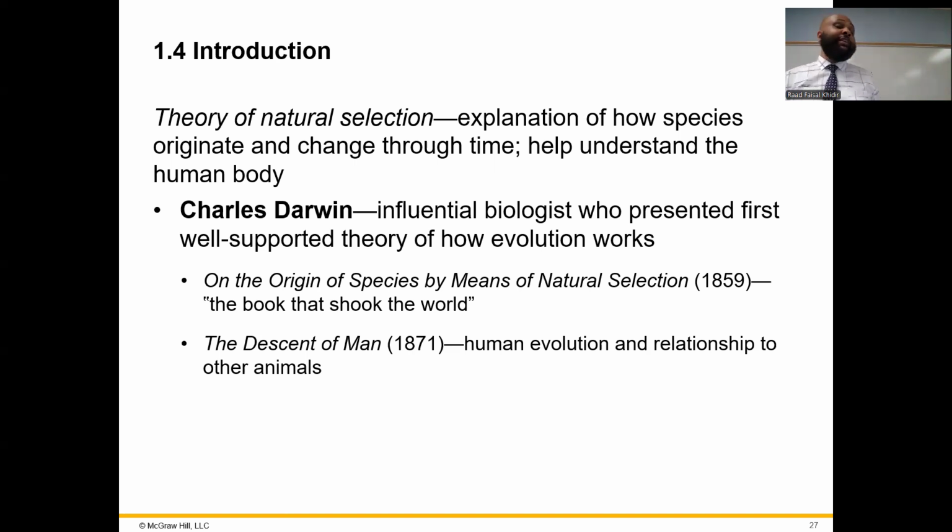Natural selection happens on a population. It doesn't happen overnight. You don't say, well, last week I had natural selection. No, this happens over years. You have one population that develops characteristics for reproduction, characteristics for surviving volcano eruptions.